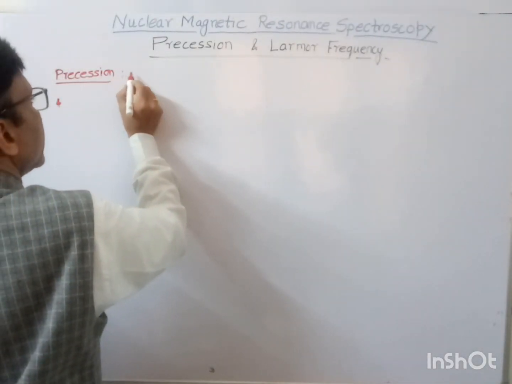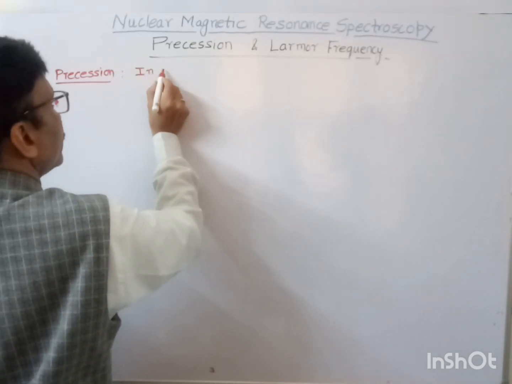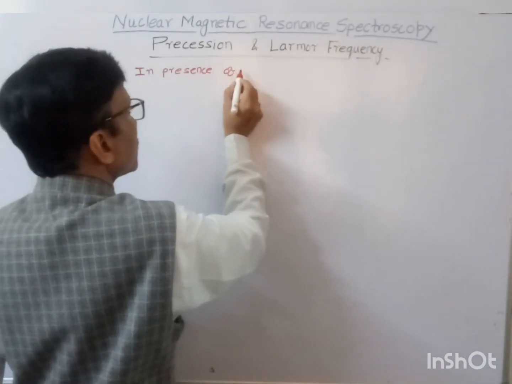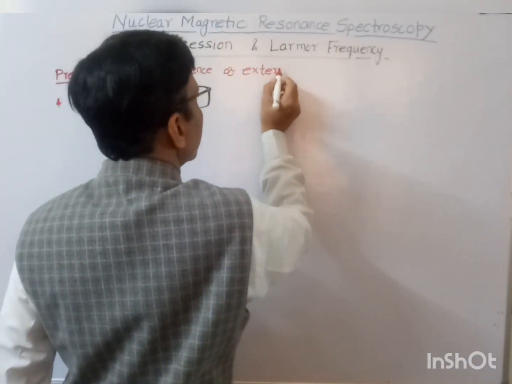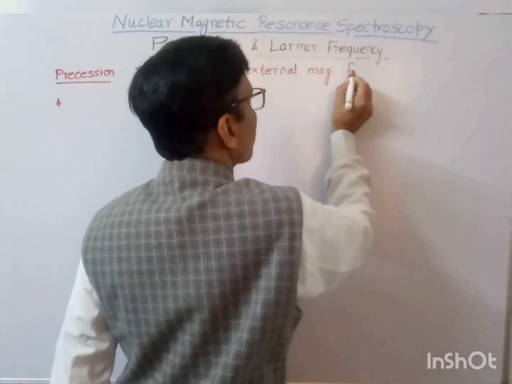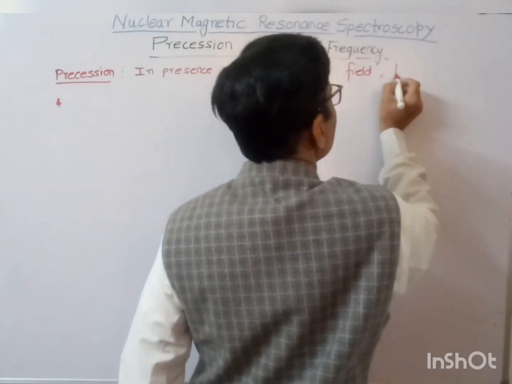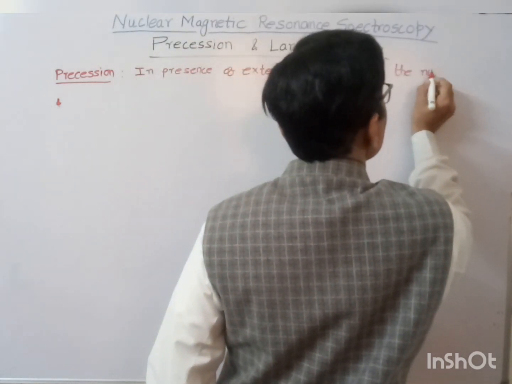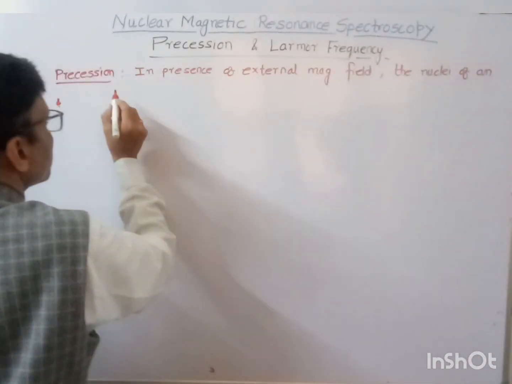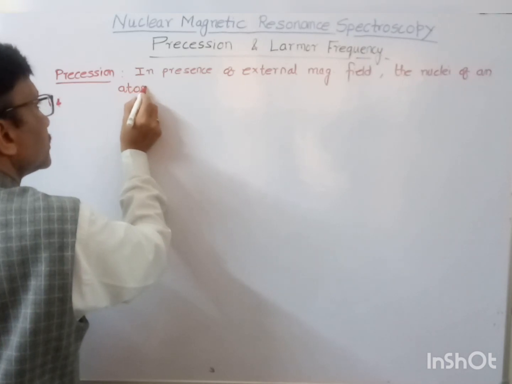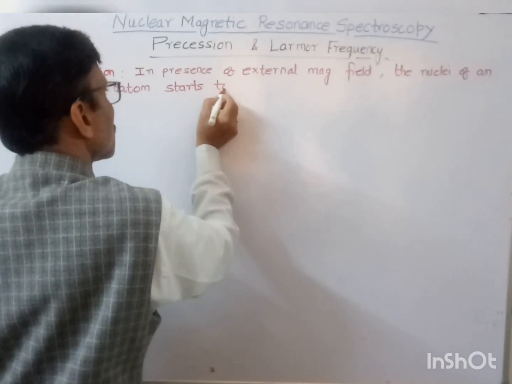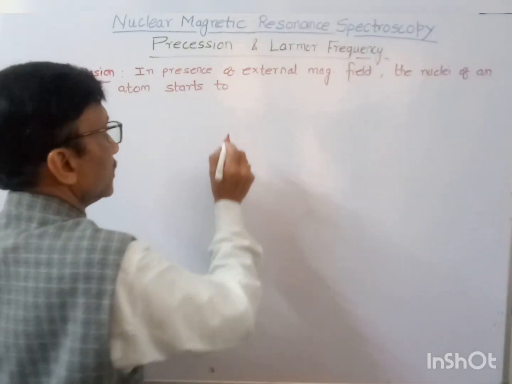So we can write, in presence of an external magnetic field, the nuclei of an atom starts to precess, or we can say starts to wobble.